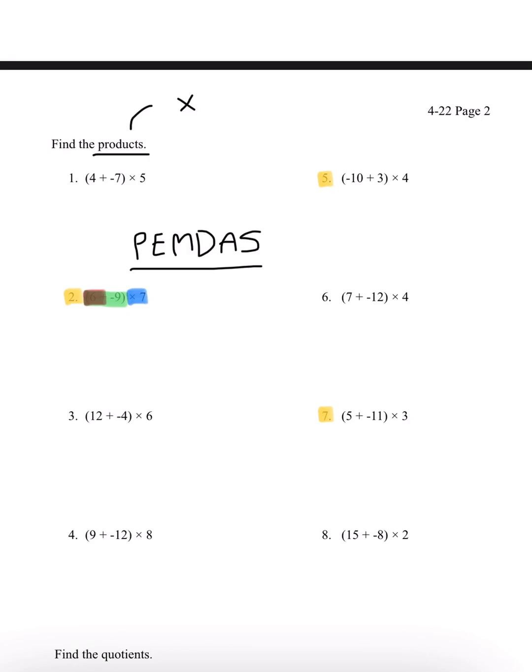When we add a positive and a negative number, the answer is always going to be negative if the negative number is a bigger number than the positive. Here we could see that 9 is bigger than 6, so our answer is going to be negative 3. Then we're going to do multiplication, which is negative 3 times 7. So 3 times 7 is 21, and don't forget we have a negative number, which is 3, so negative 21.